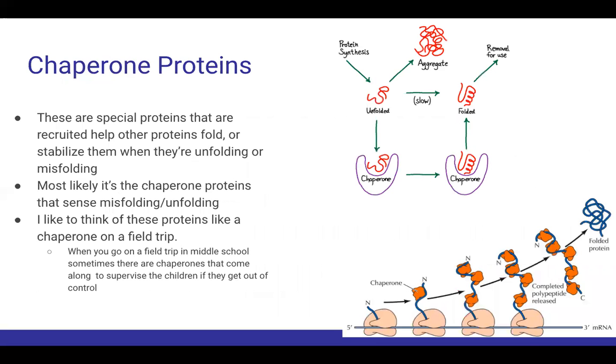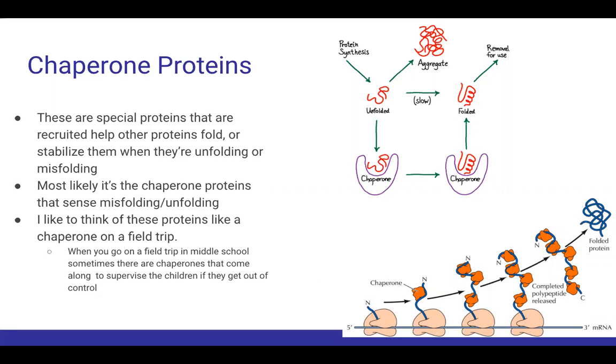Okay, I'll just keep going. For these response mechanisms, there are things called chaperone proteins, which are recruited to help other proteins fold or stabilize them when they're unfolding or misfolding. I believe chaperone proteins are involved in the UPR response, and they are able to sense misfolding or unfolding. The way I remember what these proteins do is I think of them as chaperones on a field trip.